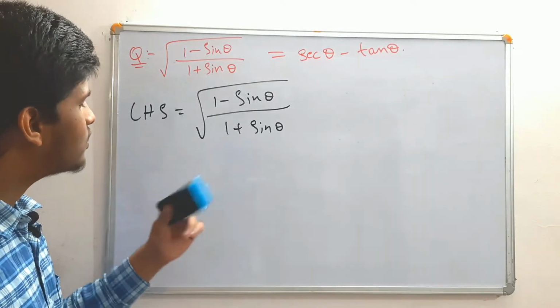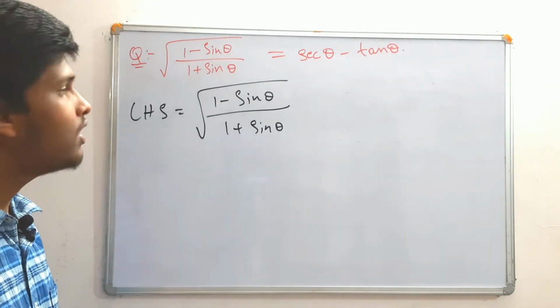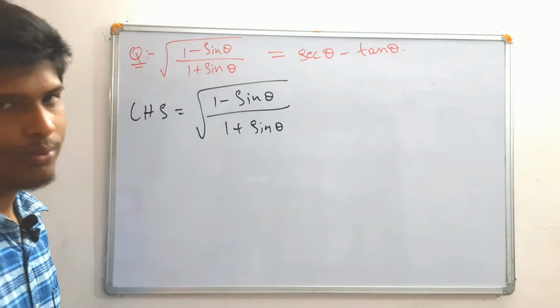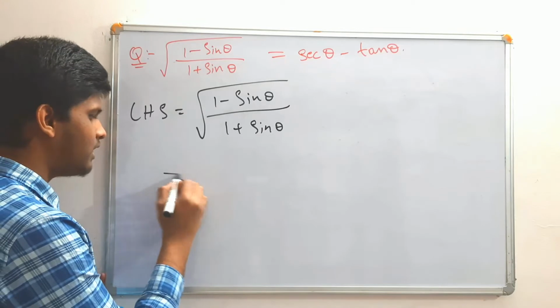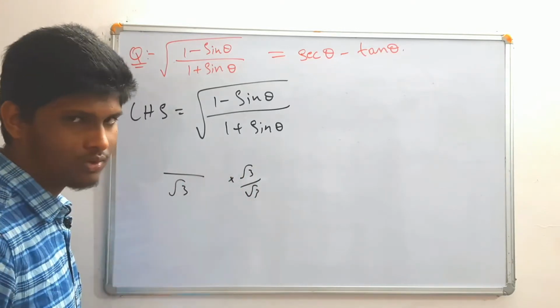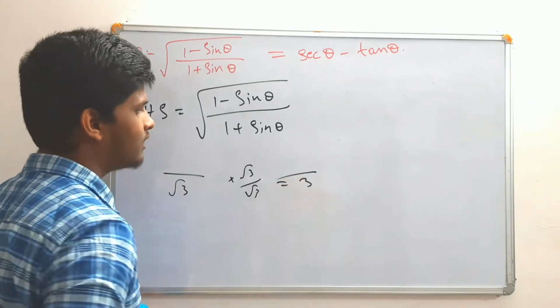So again here also, to make these things square, we rationalize the denominator. Do you know how to rationalize? If it is root 3 in the denominator, we multiply numerator and denominator by root 3, so this one will become 3.